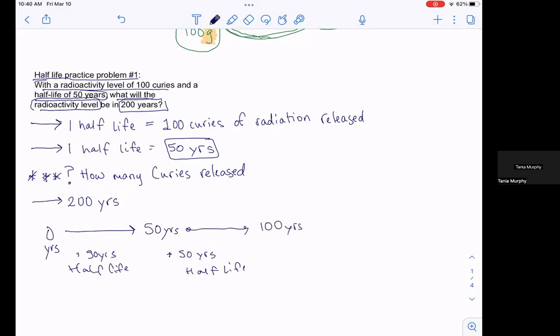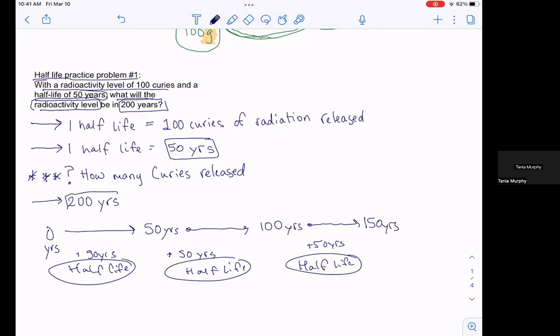And then another 50 years goes by, a total of 150 years now. At this point, we've had 1, 2, 3 half-lives. But we're not yet at 200 years, like the question asked. After another 50 years has gone by, we are now at 200 years.